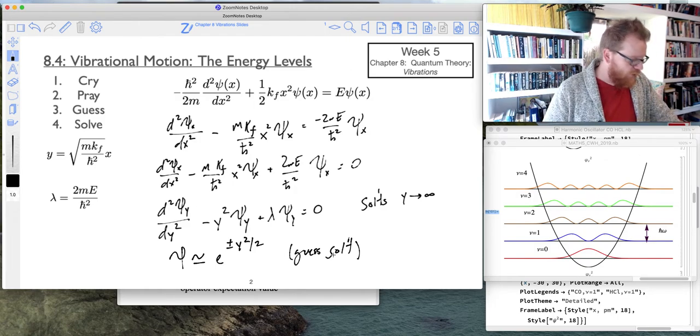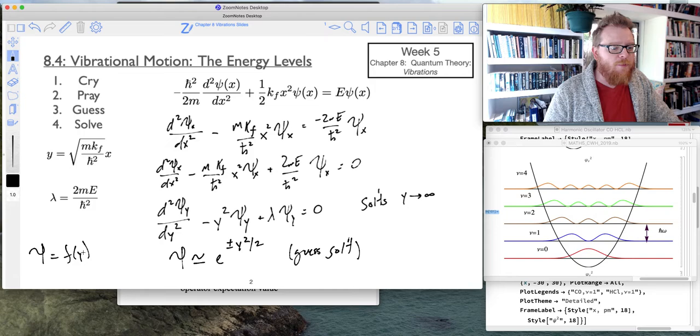To get rid of the approximately equal sign and make it a proper equality, we need some function f of y multiplying e to the minus y squared divided by 2.